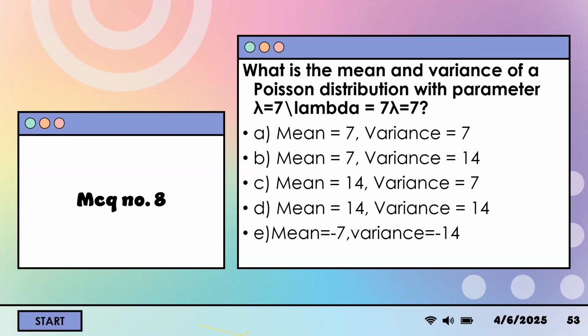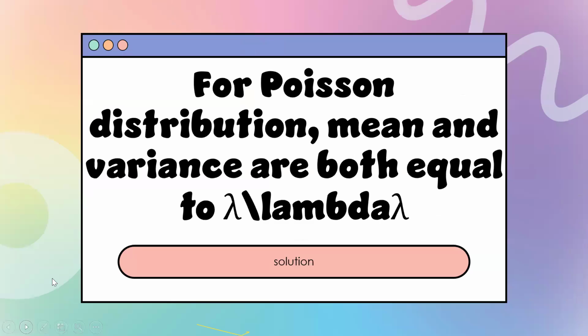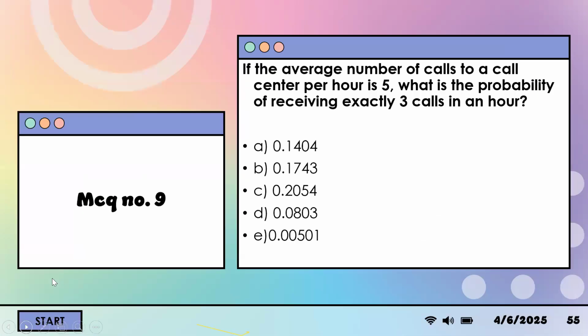So what could be the answer here? It's A. Mean and variance are always equal in a Poisson distribution, as we have seen earlier. So mean and variance are both equal to lambda. This is the solution.